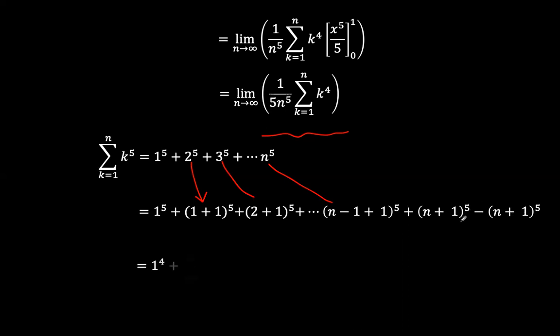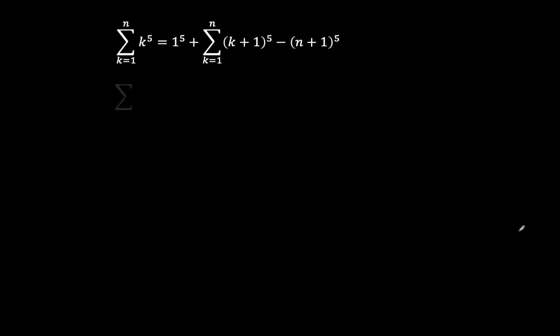So this now allows us to say that we have 1 plus 1 to the power 5, plus the summation from k equals 1 to n of k plus 1 to the power 5. Because this goes up to this point, we are now left with this subtraction here.